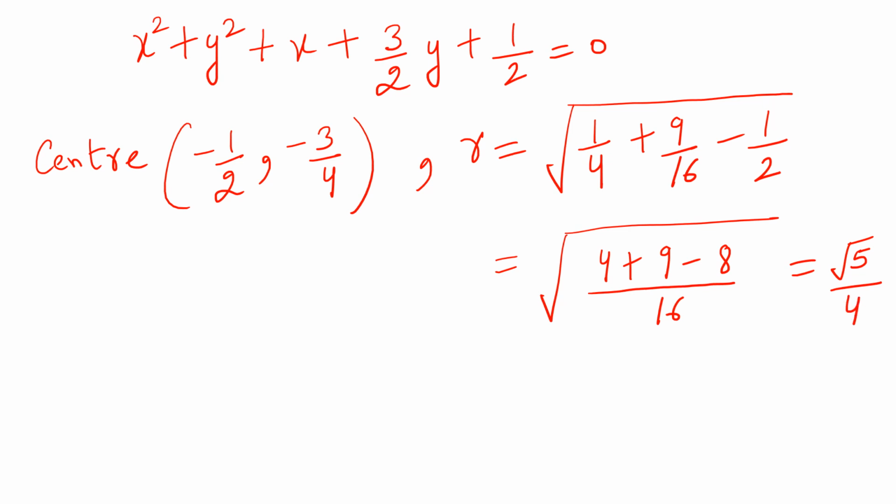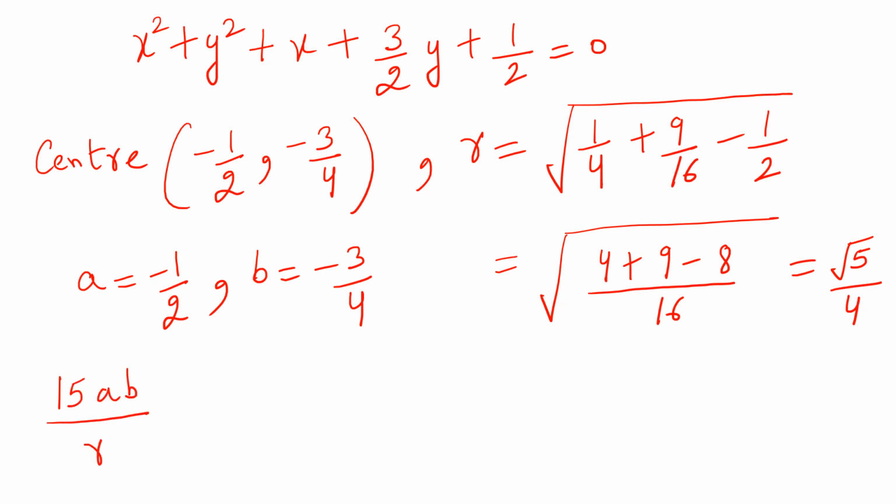Now students, in the question, the coordinates of center of the circle are given as (a, b). So that means a is equal to minus 1 upon 2 and b is equal to minus 3 upon 4. And now we have to find the value of 15ab upon r square.